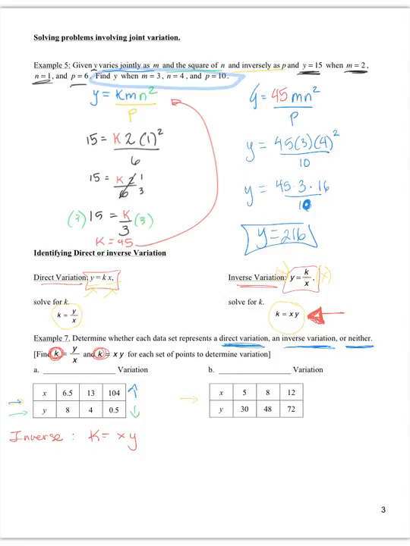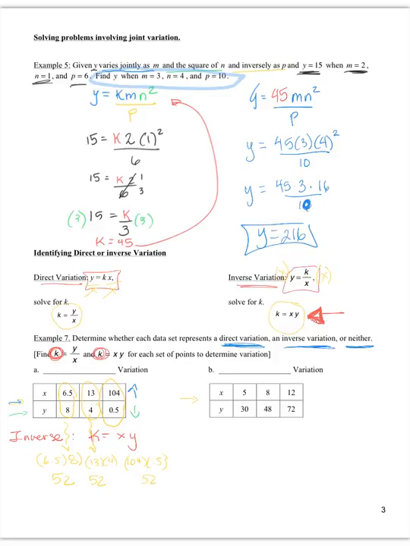So let's go ahead and multiply x times y for each of those sets. So this would be 6.5 times 8, which is 52. Now let's look at the next pair of xy. That's 13 times 4, which is also 52. But we can't assume that the last set of xy values also gives us 52.